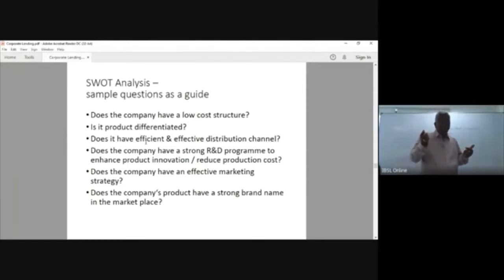Then, does the company's product have a strong brand name in the marketplace? If the answer is yes, that is, it already has a strong brand name, then it is a strength.